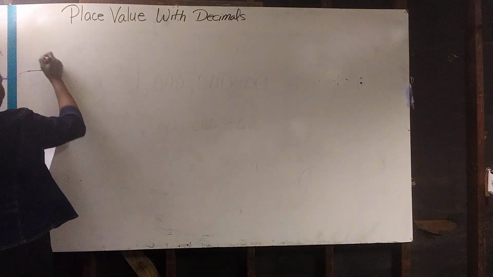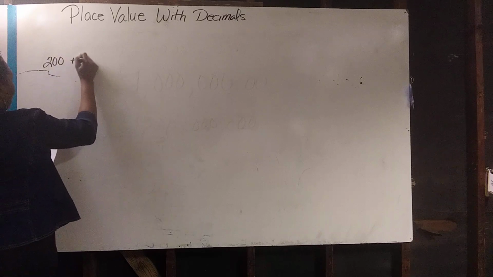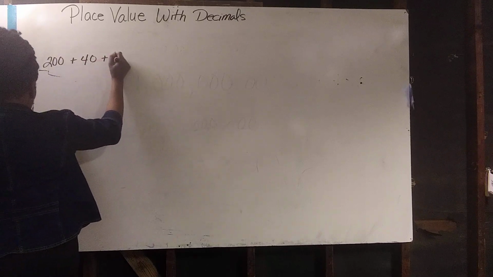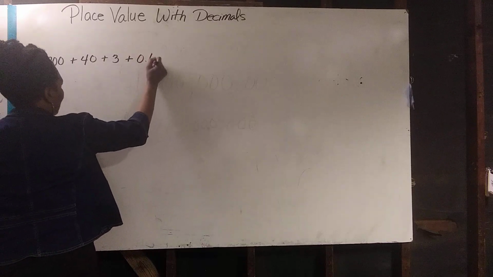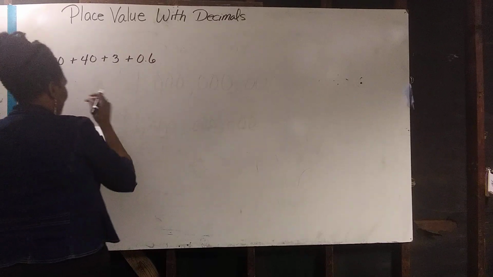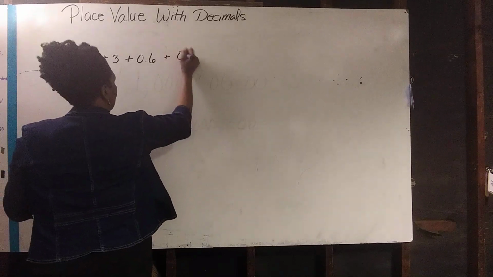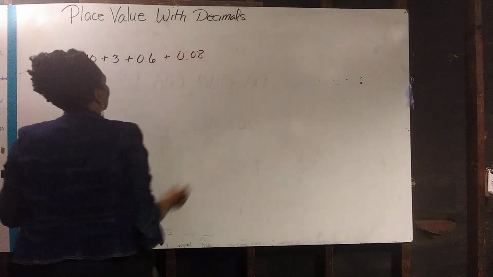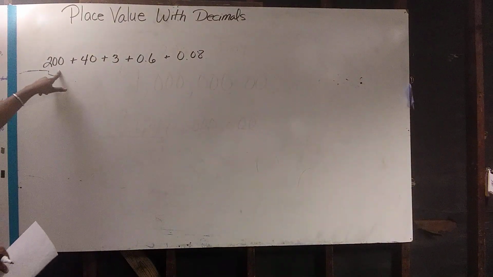Okay, here we go. We have 200 plus 40 plus 3 plus 0.6 plus 0.08. Okay? Remember, here's a number.